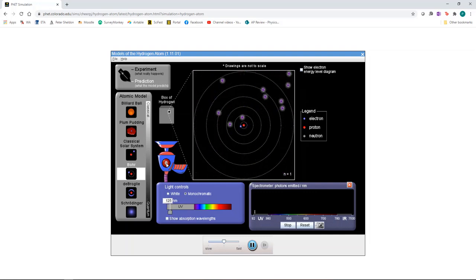Okay, let me turn the light off. Over here, it tells you how many photons have been emitted by this atom. I've actually been messing with this, so let me reset. When I shine light on it, that's one thing. But why do I shine light on it? I shine light on it to try to excite the electron in the atom up to higher energy levels.